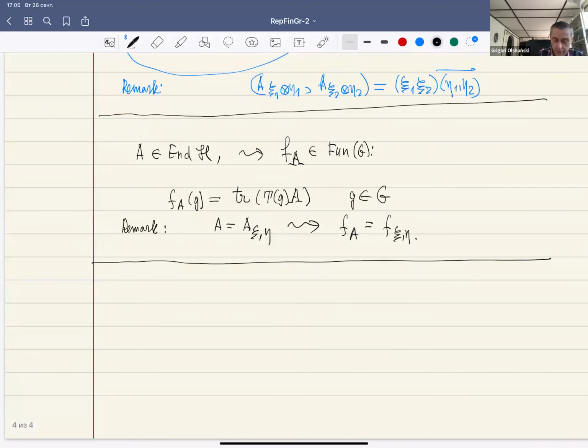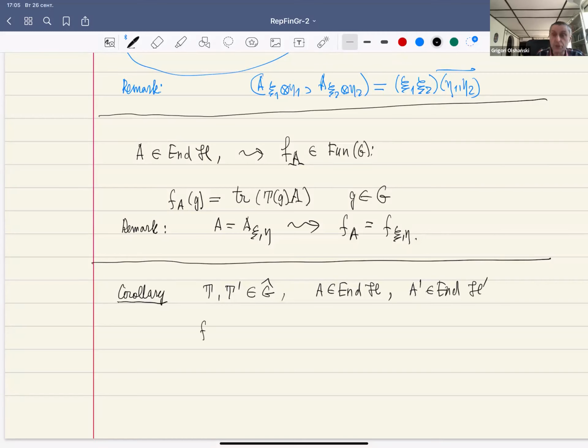So as a corollary, we get the first corollary from our result. Assume that T and T prime are irreducible as before, and A is one operator. H is the corresponding space, and A prime is from another space.